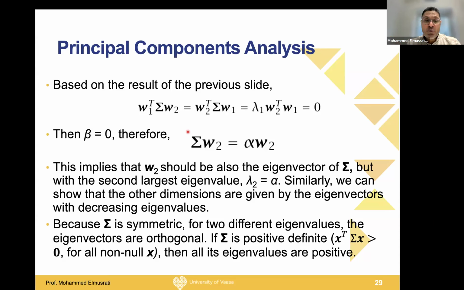I will mention later how we can say whether it is large or not. But assume that the first 20 eigenvalues are large enough, and after 20, lambda 21, 22, up to 50, all of them are zero.